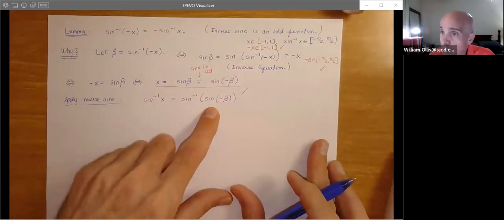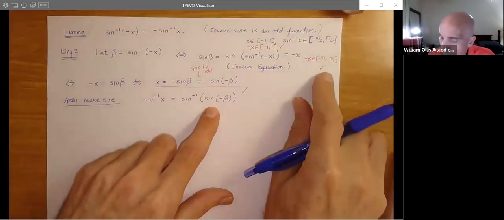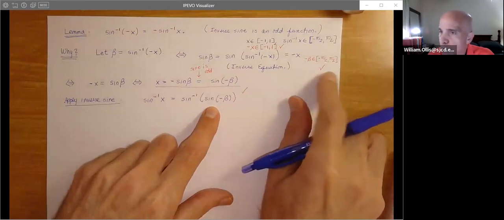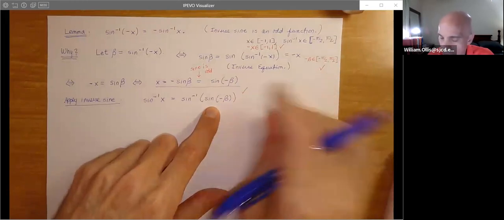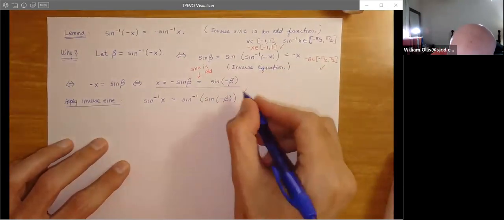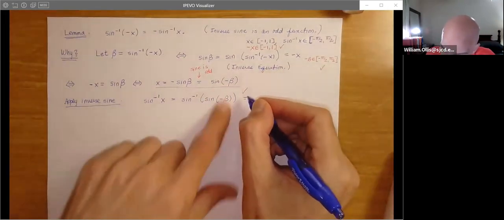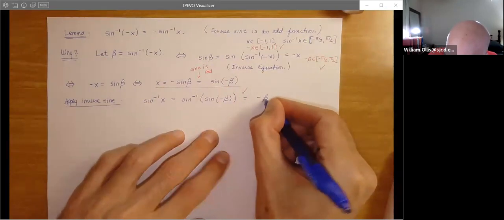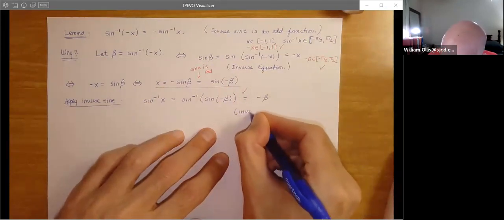So we can use the inverse equation. Again, we can't overlook this, because if we do and it's not valid, then what we've written is nonsense. So now we can use the inverse equation, and we're just left with x, which is the additive inverse of b. So this is the inverse equation again.